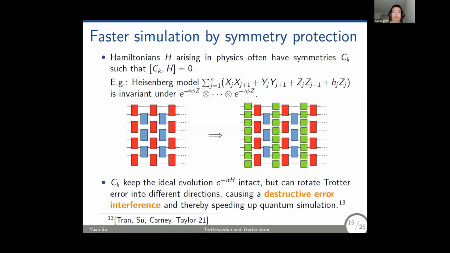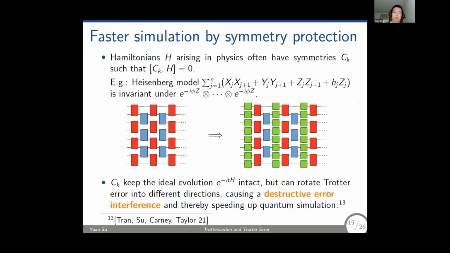So it's e to the minus i phi Z acting on each one of the qubits. Using the symmetry transformations, what you can do is invert them between your different Trotter steps. So you have these green boxes acting on each one of the qubits, and then you invert them between different steps. These operations, of course, won't damage the ideal evolution because they commute with the Hamiltonian.